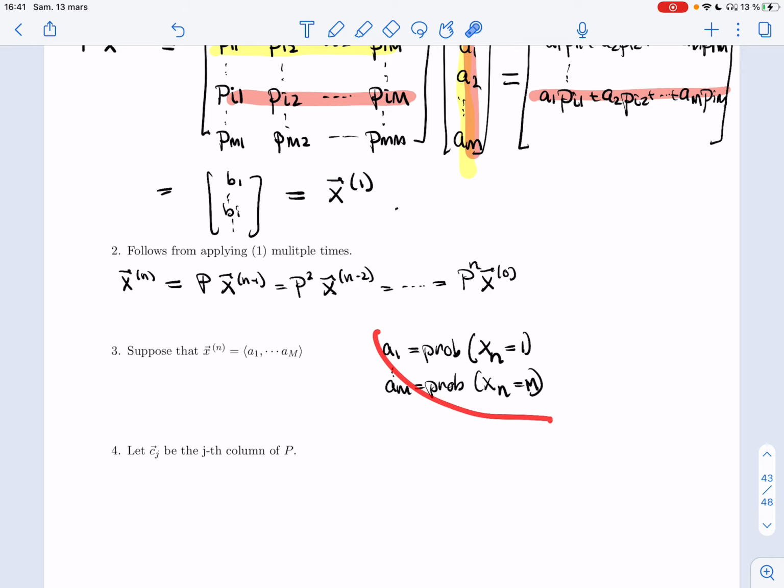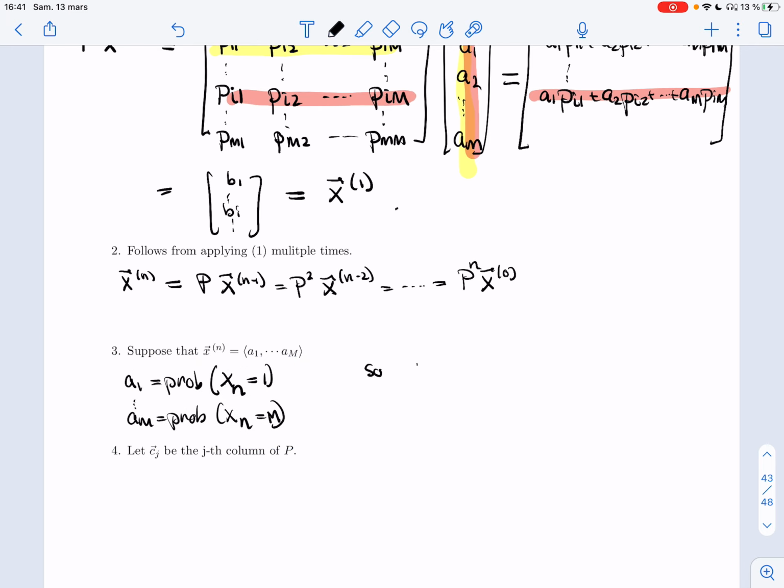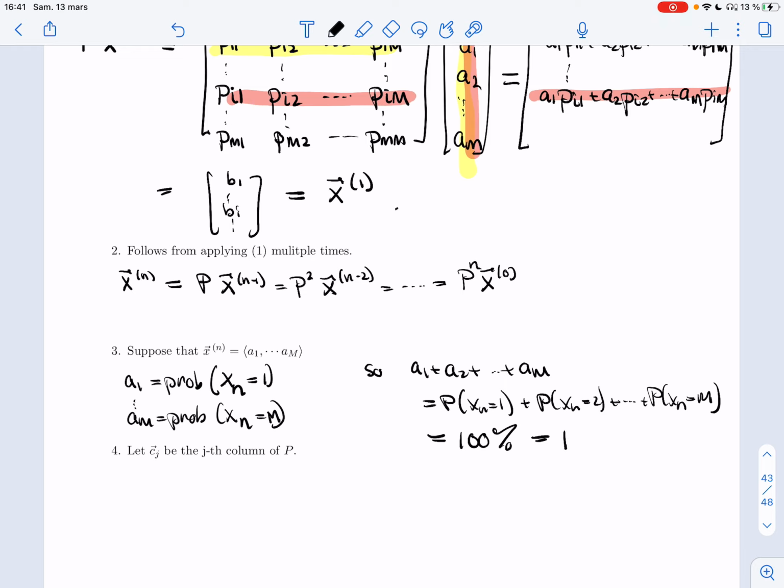If I have all of these and I add them up, it's like adding the probability that xn equals 1 plus the probability that xn equals 2 and so on, plus the probability that xn equals m. It has to be one of them, so that's 100%. That was the first condition of a Markov chain. There are only m values for each state, and so that's 1.